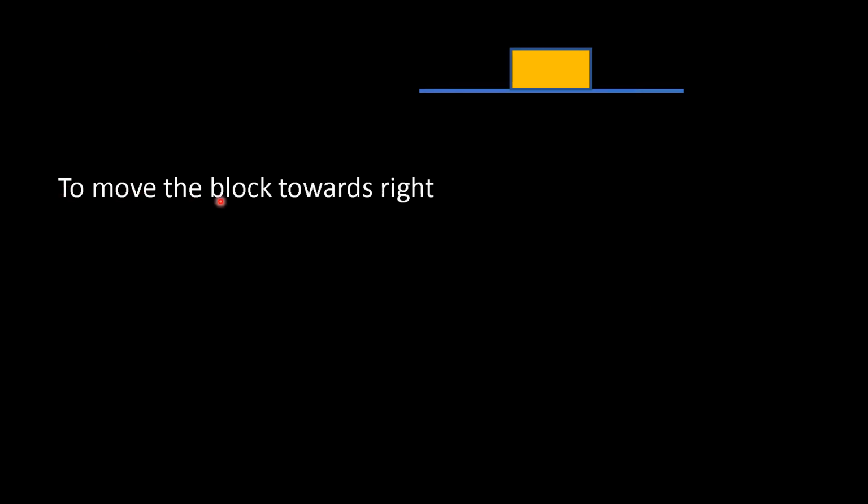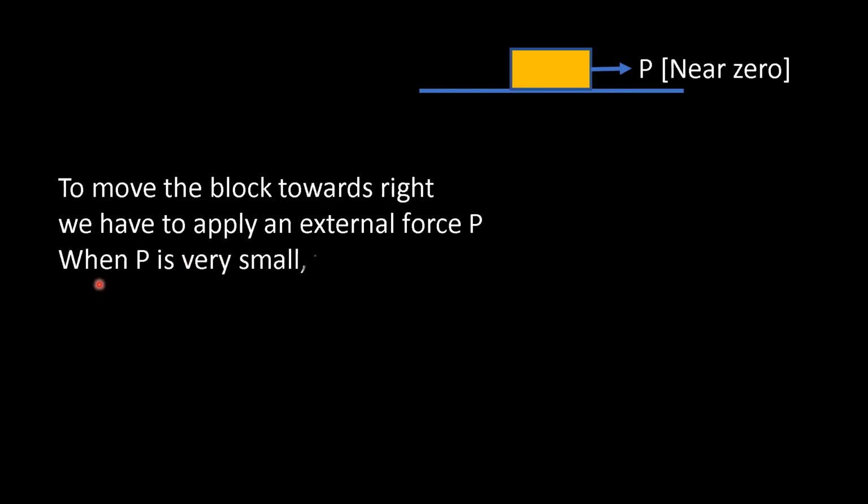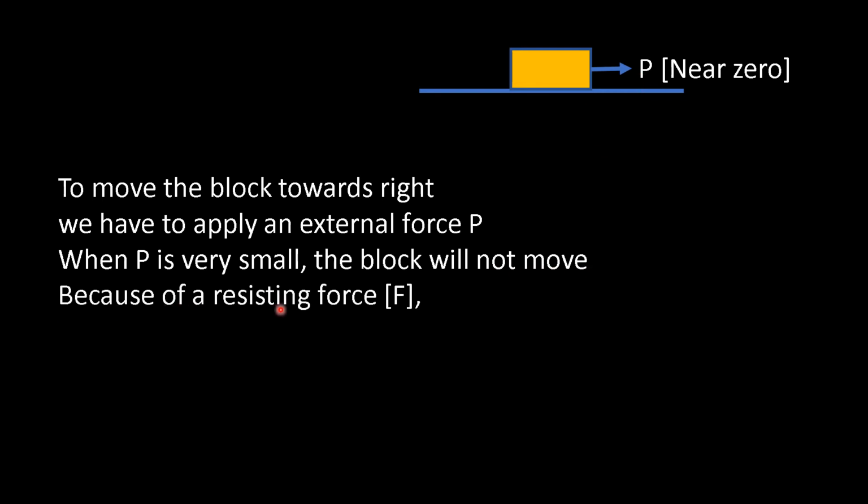Now, to move the block towards the right, we have to apply an external force P on the block. When P is very small, the block will not move because of a resisting force F. There will be a resisting force F between the surfaces of this block and this surface.